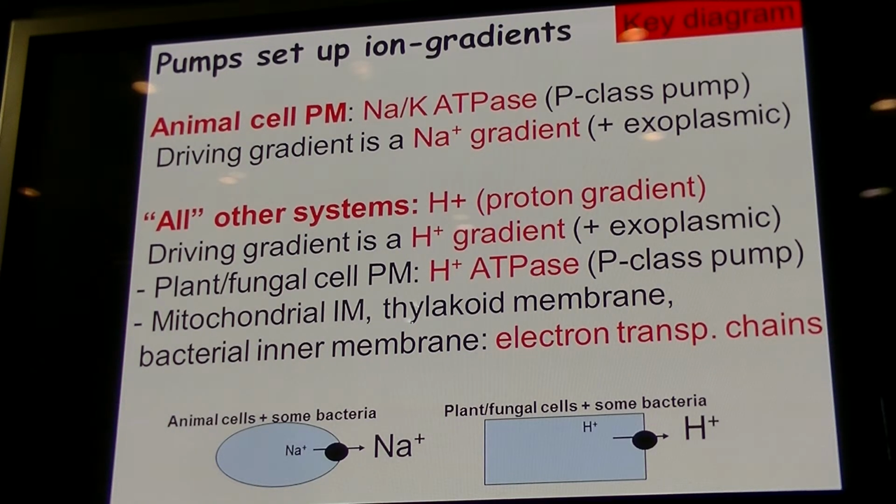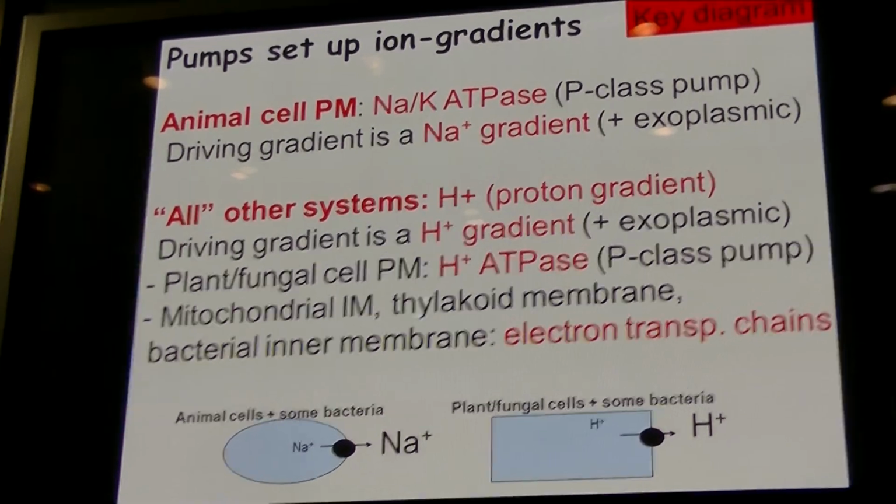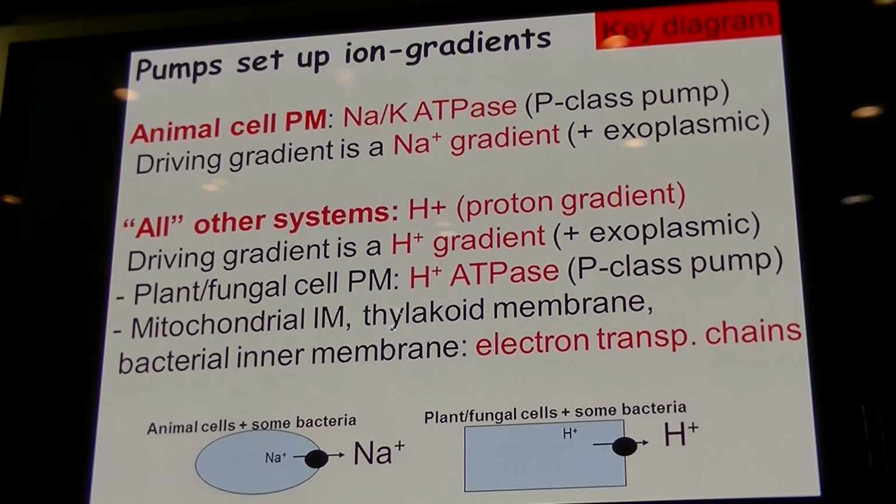Proton concentration is higher, the pH is lower on the outside. And we can apply that to internal membranes, where the exoplasmic, the non-cytoplasmic side of the membrane is always more acidic. Very important that you remember this. I think this is as important as knowing that DNA encodes for proteins.